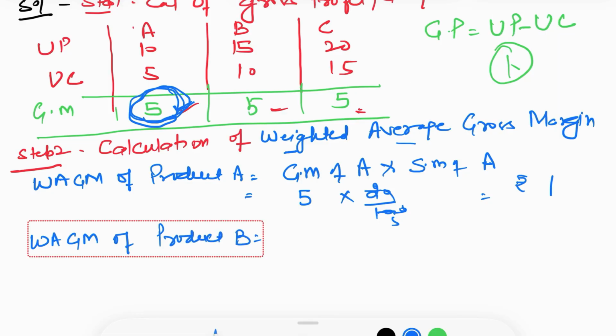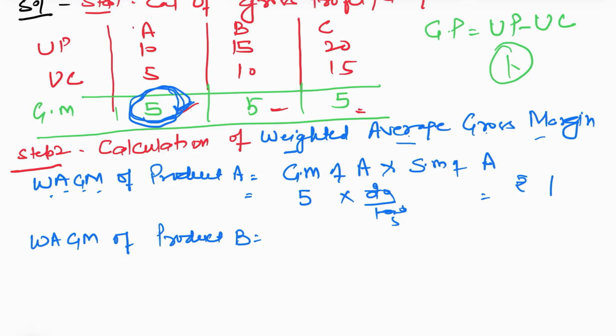Now weighted average gross margin of product B. Students, I will not suggest you write WAGM for weighted average gross margin. I will suggest you write the full form, because sometimes during board examination checking, some evaluators object, asking why the child has written WAGM. So I suggest you write the full term, weighted average gross margin.